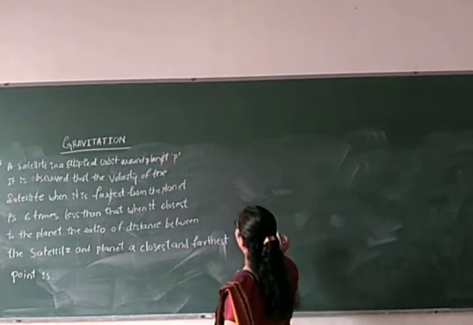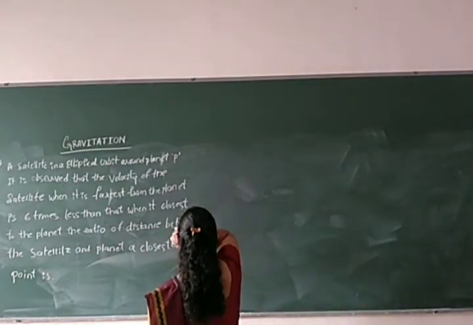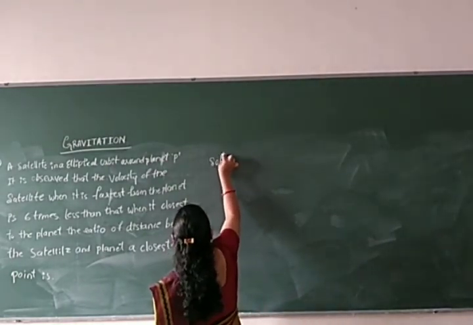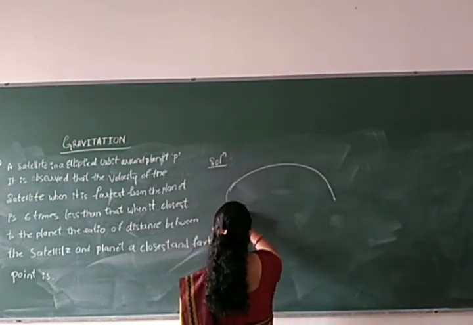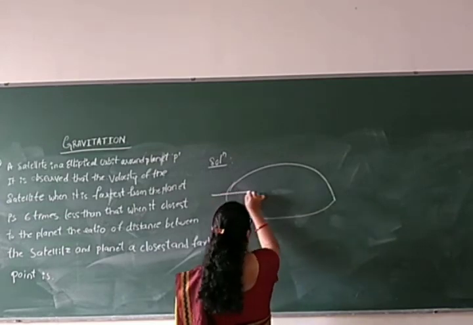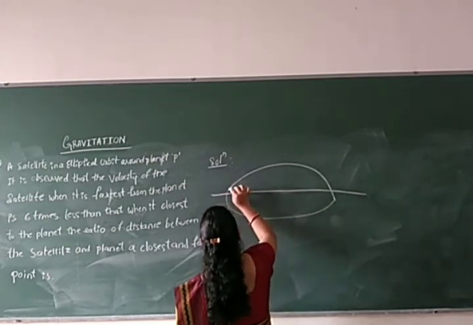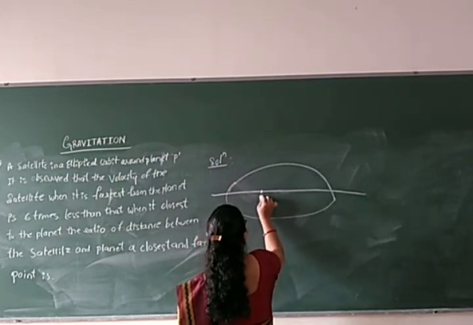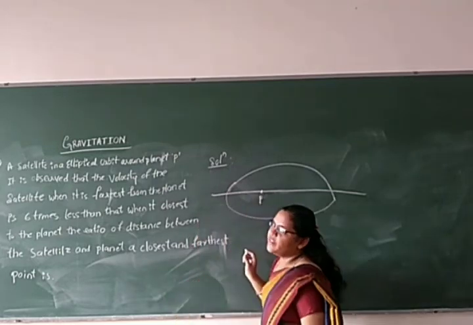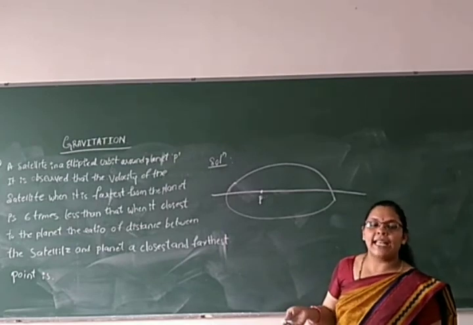So let us move on to the solution here. For the solution, we will take a diagram of it. The satellite is moving here, and let us consider this is the planet. In the previous class we discussed perihelion and aphelion.